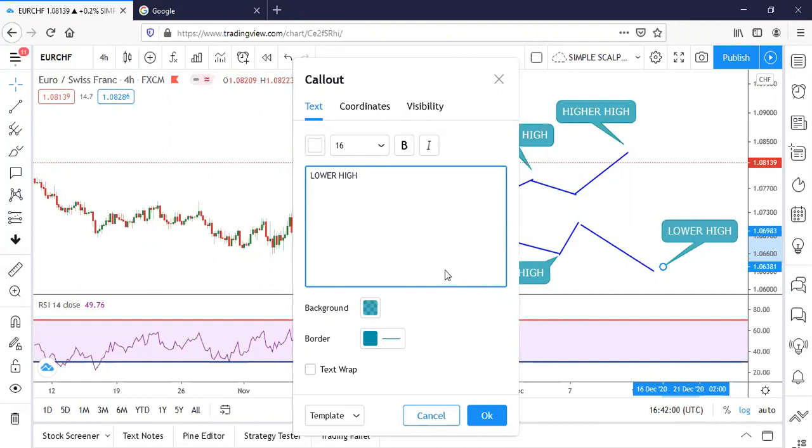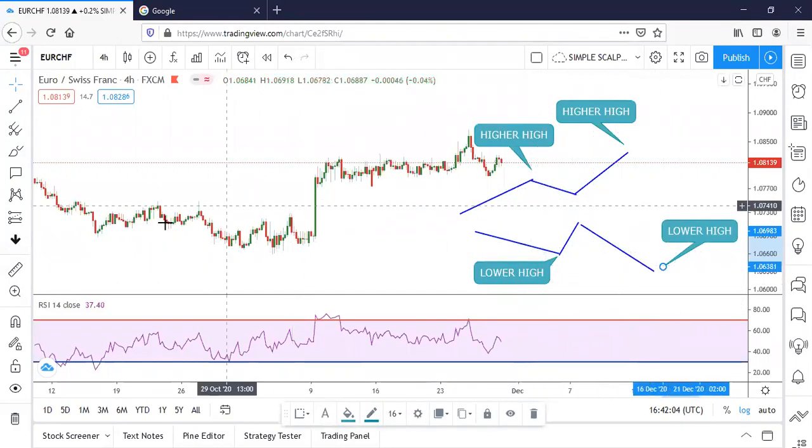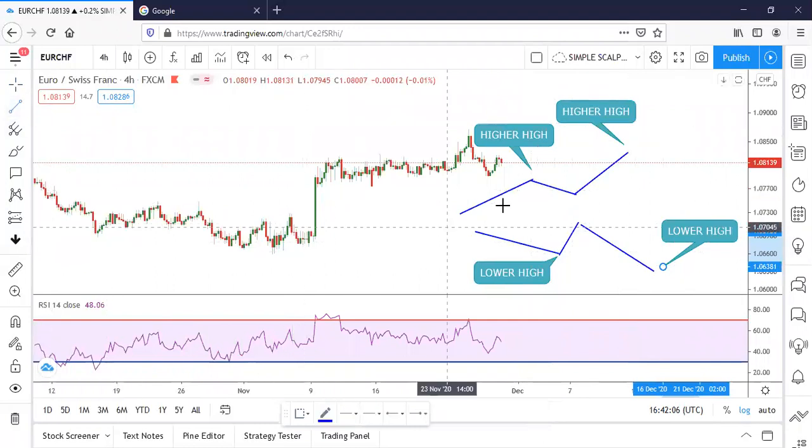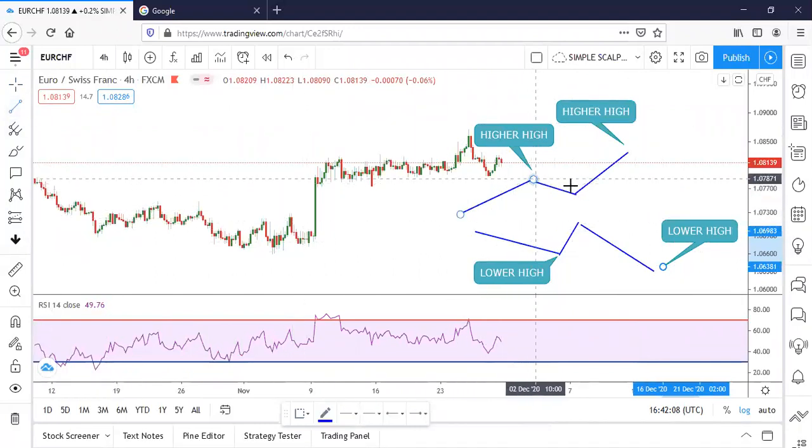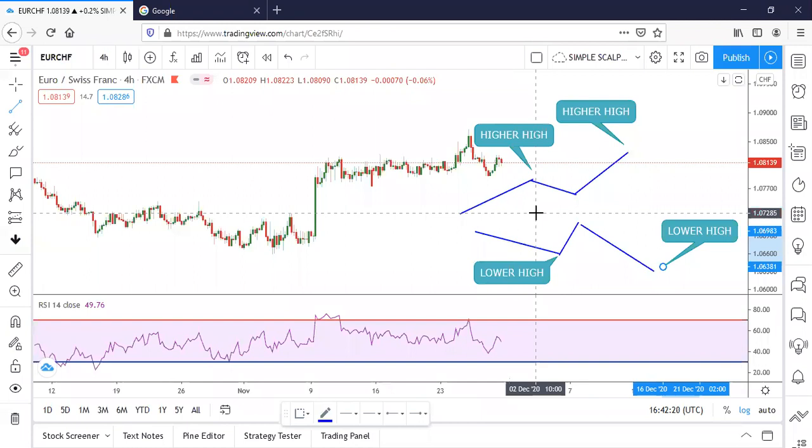Lower high. Okay. So once you have something like this, the moment you see your price giving you something like this, you want to start looking at your indicator and see the type of reaction you are getting on your indicator. Okay, so that is one way to start looking at it.